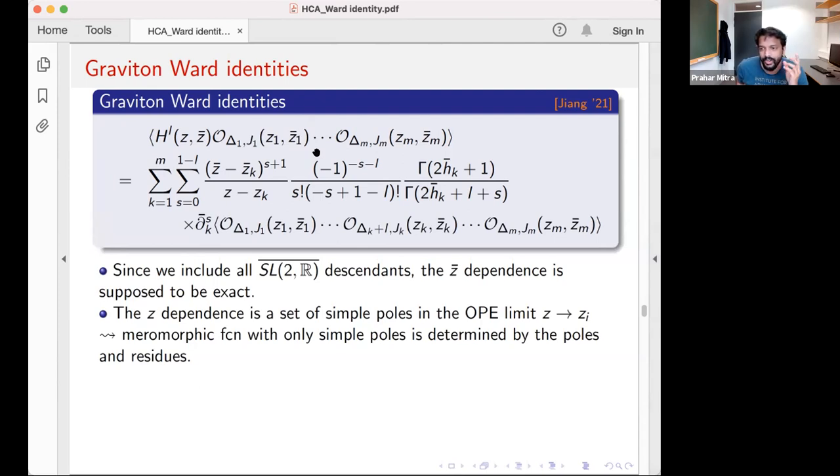Isn't that one of the issues in celestial theories, that we don't exactly know what the set of local operators are? I mean, they transform nicely, but locality is a stronger property than just the fact that they transform under the symmetries. Yeah, but essentially these operators are just some particles traveling along a specific direction, so I would expect that they are indeed local in the direction space, so on the celestial sphere.